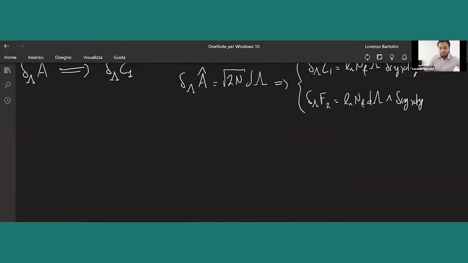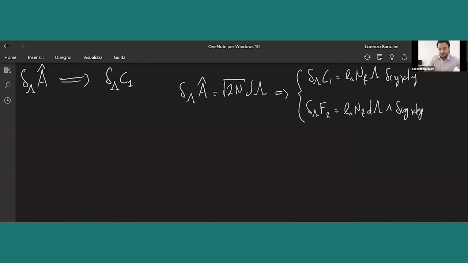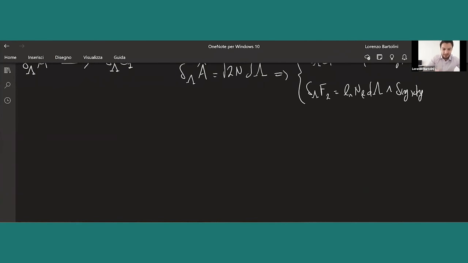Okay, now this is interesting. We perform a gauge transformation and also C1 changes. This looks very much like the axial shift of theta, and we can quantify because delta theta will be the integral over S1 at infinity of the variation of C1, and this is NF lambda evaluated at plus infinity and minus infinity as a function of zeta.